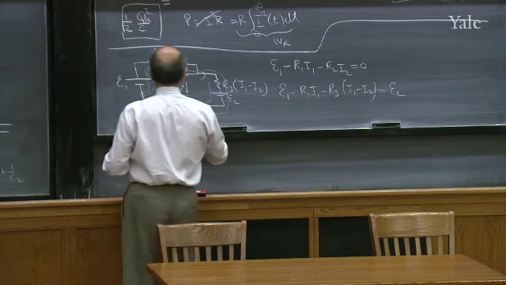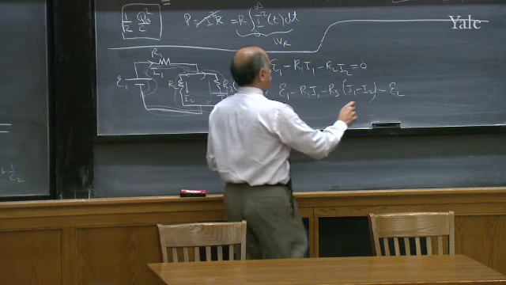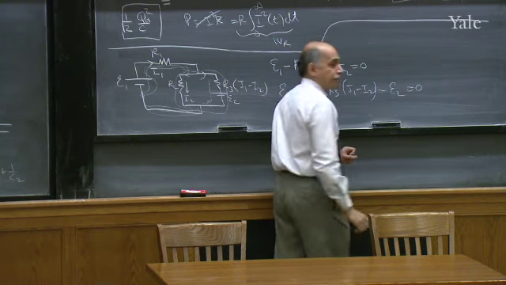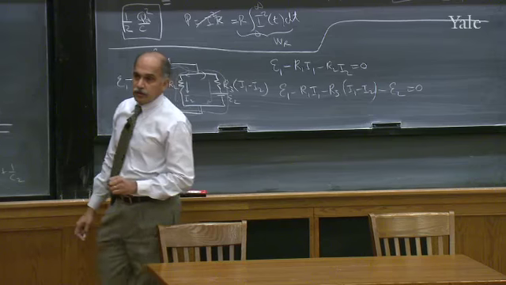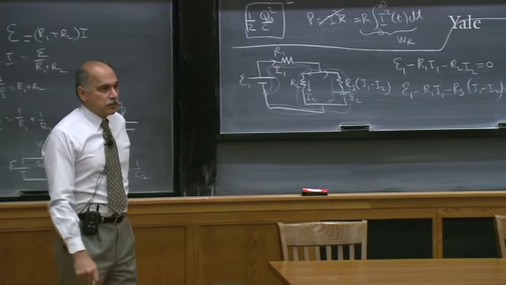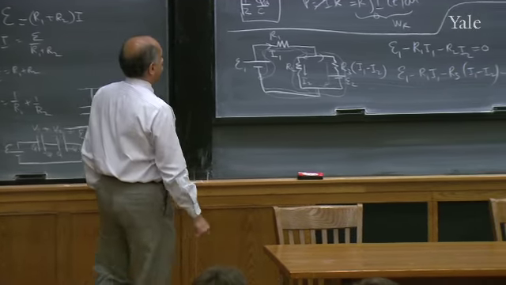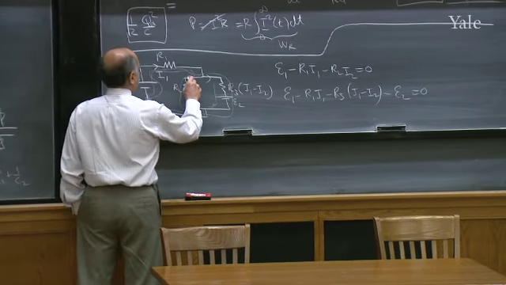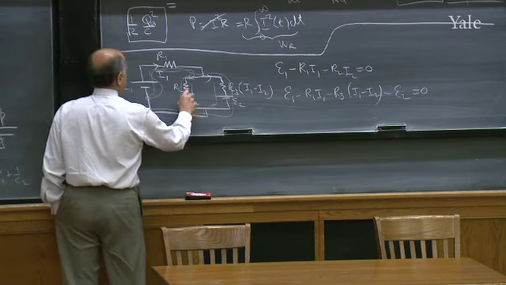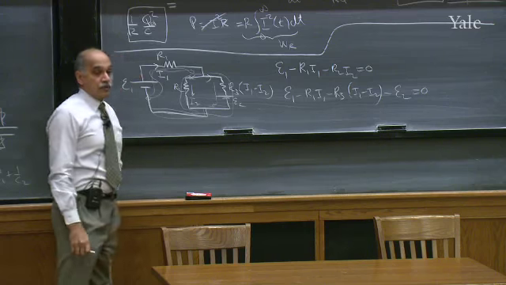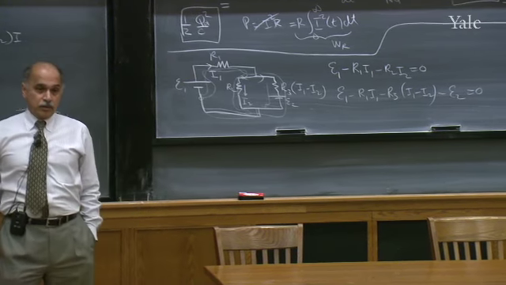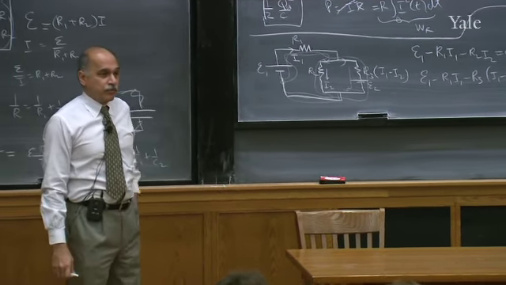Then you come over here and go to the other end and you get 0. Now somebody can say, hey, why don't I start here, go around that loop, and say that voltage difference is 0. I'm getting the third equation. There are only two unknowns.